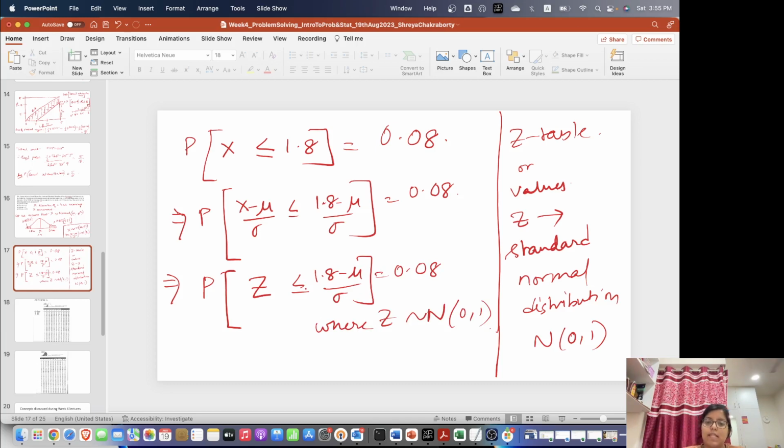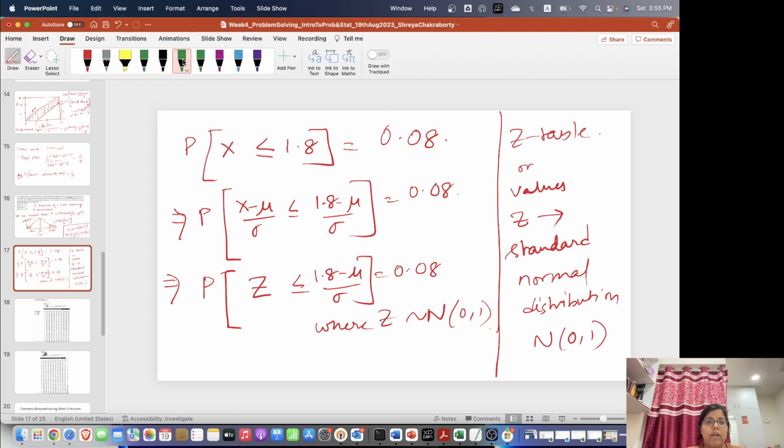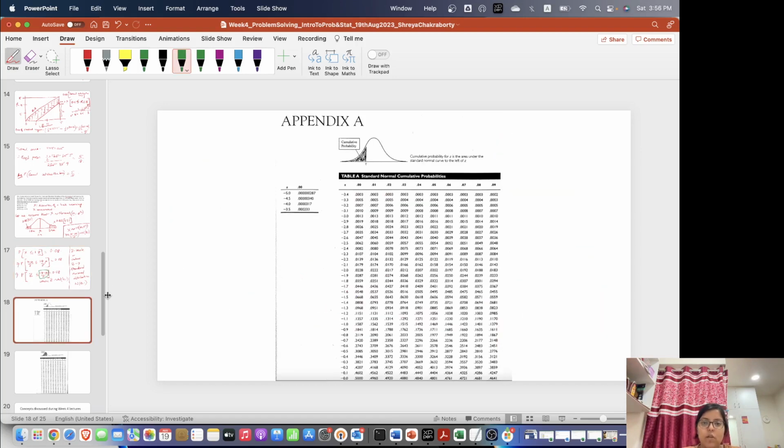Now from the Z table we have to find out what value corresponds to this, such that the area under the Z curve is 0.08. So we look at how the standard normal table looks.